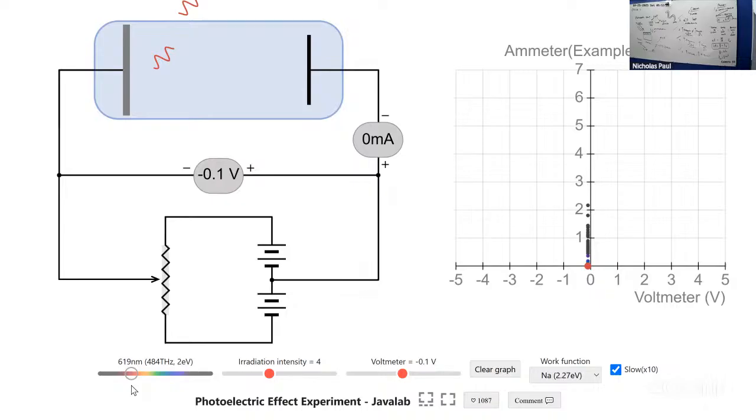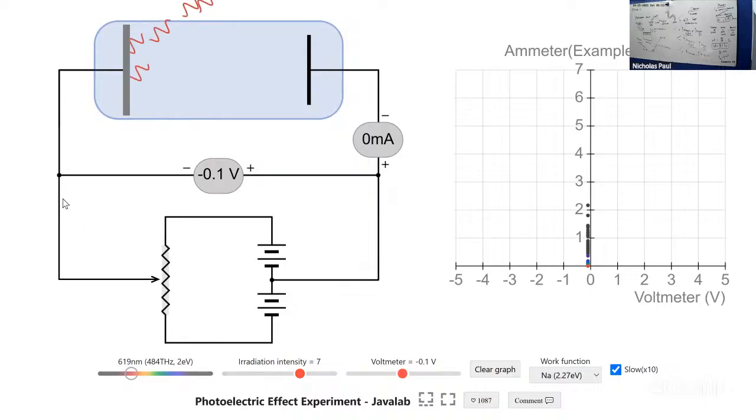Any electrons leaving? No. No current. Why? Why is red creating such a big problem? It's not the intensity, it's the same intensity. They have less energy. Who said that? They have less energy.